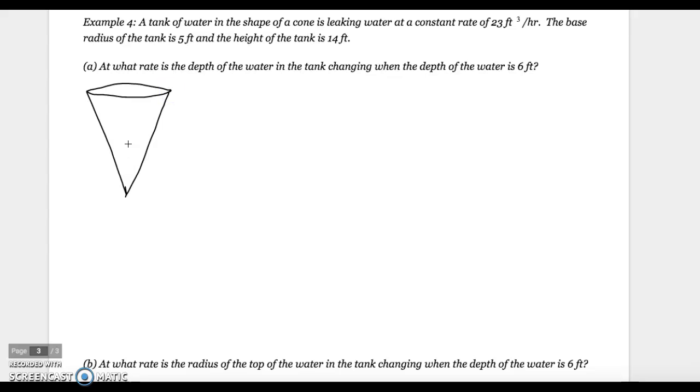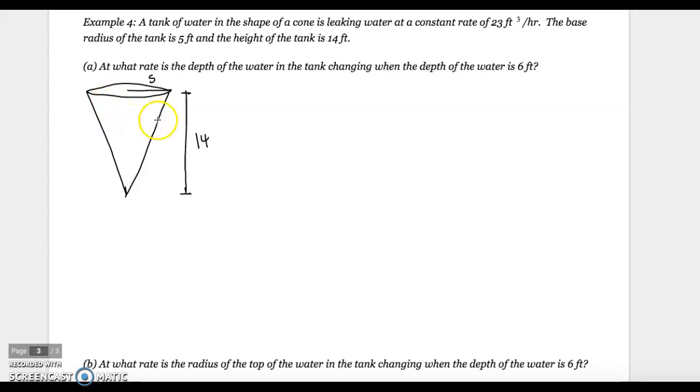And there's a couple of things going on here. So there is the tank information. I know that this tank has a radius of 5 feet, and a height of 14 feet total. But it also is talking about water inside of your tank.